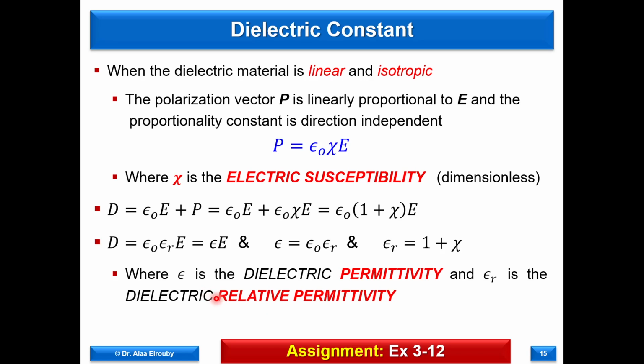So we are introducing here a very important parameter in electrostatics and in electromagnetics in general, which is the relative permittivity, which equals 1 plus susceptibility.